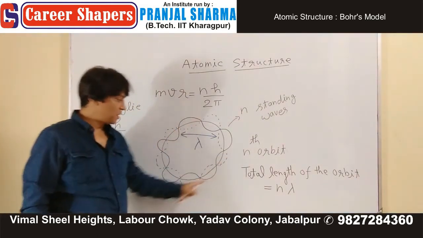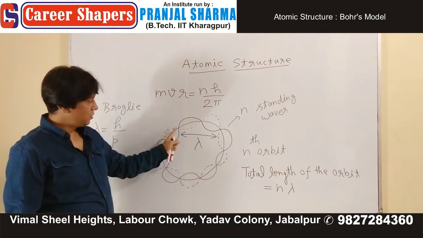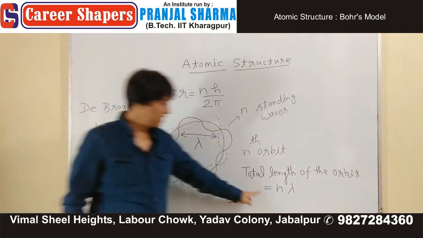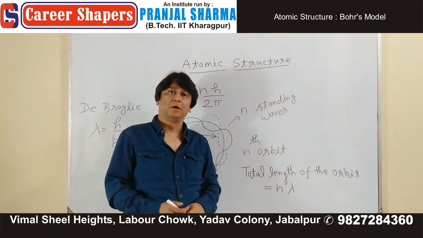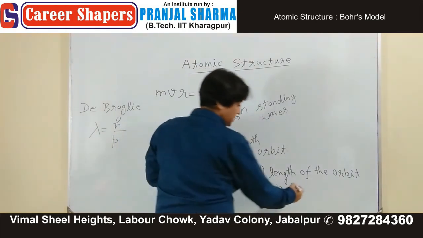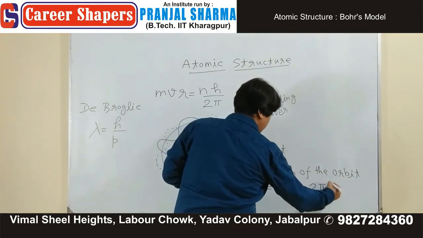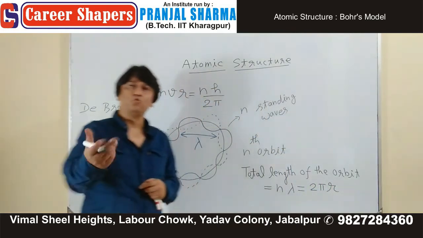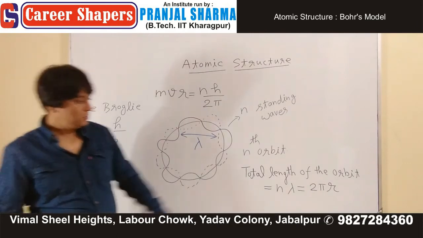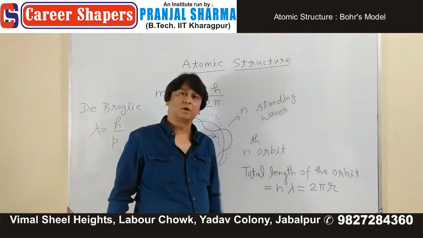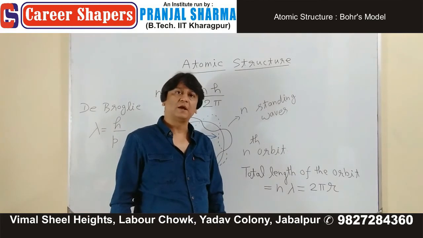How many waves are present? n. What is this whole length called? Lambda. Total length is what? n lambda. But we know that its radius is r, and therefore this total length can only be 2 pi r. So your n lambda is basically what? 2 pi r.